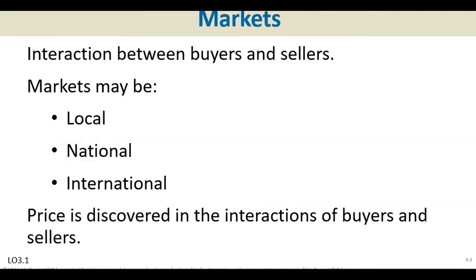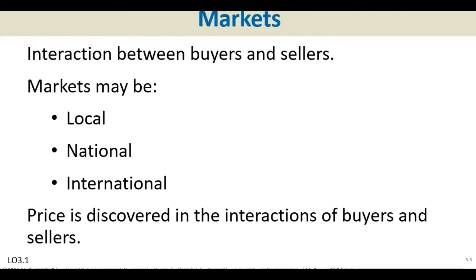Okay, so what is a market? Usually people tend to look at a market as a physical place, right? So whenever we have an interaction between someone who wants something and someone selling something, that is a market. I just don't want you to limit yourself to a physical place. The market can be virtual. It can be just that I pick up a call and call somebody who has something to sell.